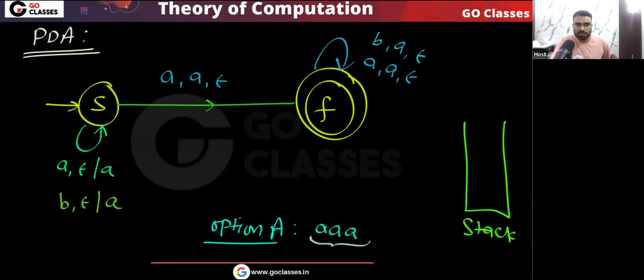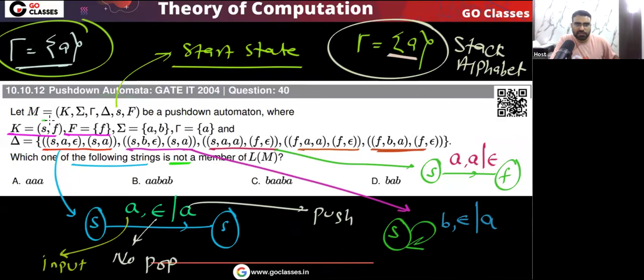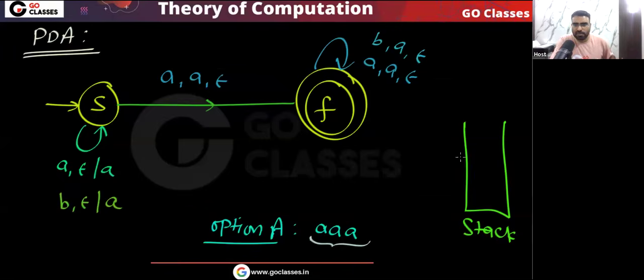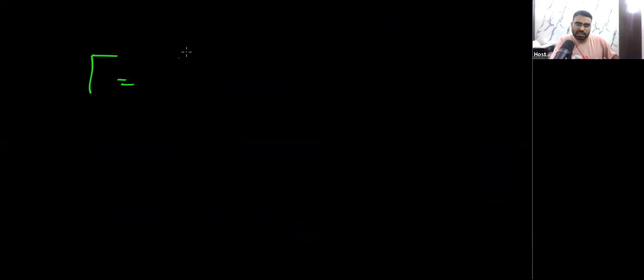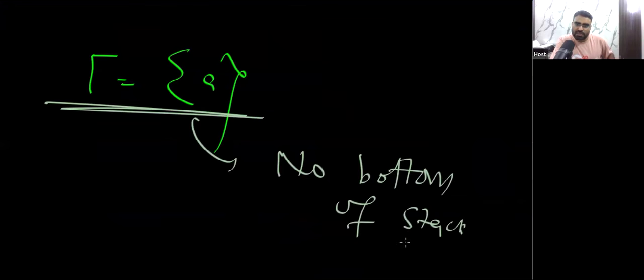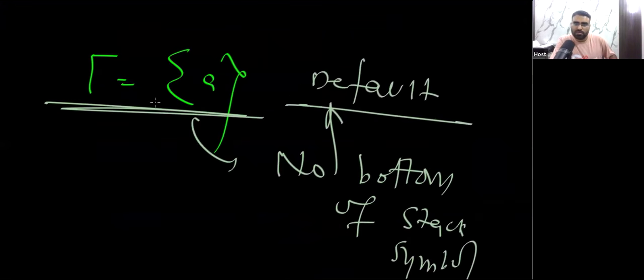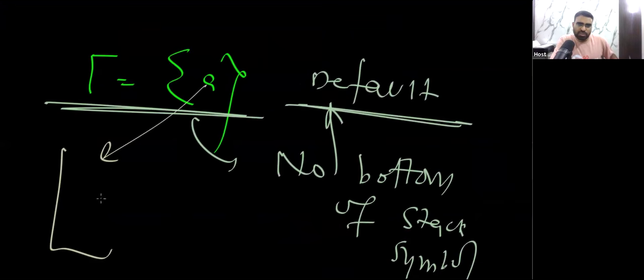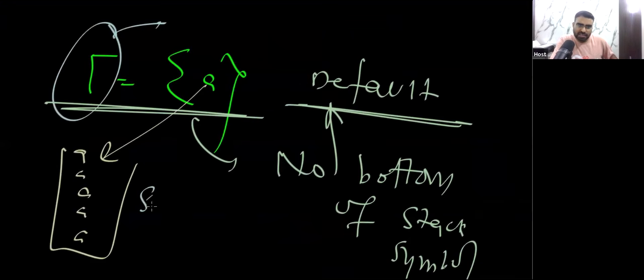Because this PDA is a 6-tuple, you can easily see in the PDA definition that this is already mentioned. Also, if you focus on the stack alphabet, that is A. So there is no bottom of stack symbol, because the stack alphabet is what is given to you. Stack alphabet means what you can put inside the stack. So inside the stack I can only put A's, nothing else.